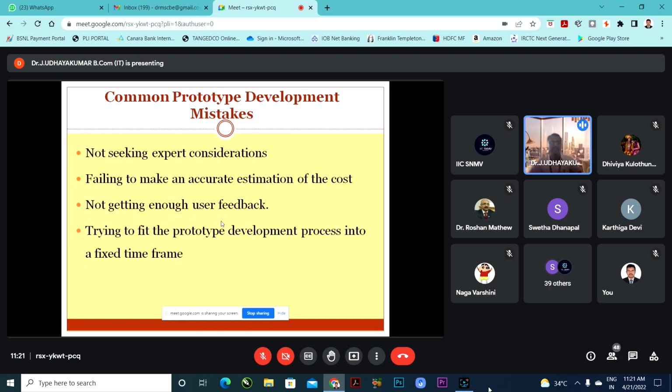With the experts, we have all the expertise. We have to get that expertise to make a product a success. So to make a prototype successful, we have to get feedback and we have to get expertise. Without expertise, it is very difficult for the manufacturer to frame the product.